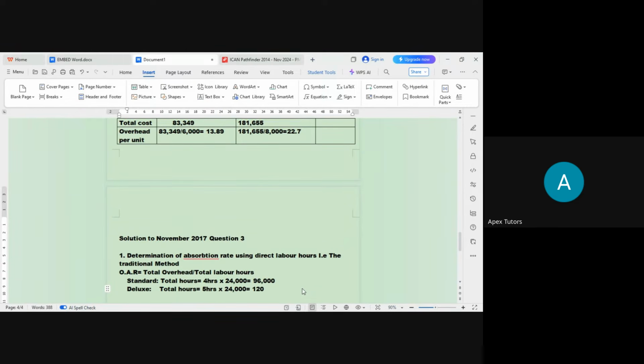It's 120,000. So the total hours overall will be what? 216,000. Okay, 216,000. So this is what you need to determine the overhead absorption rate.